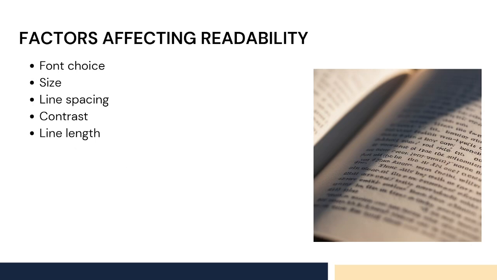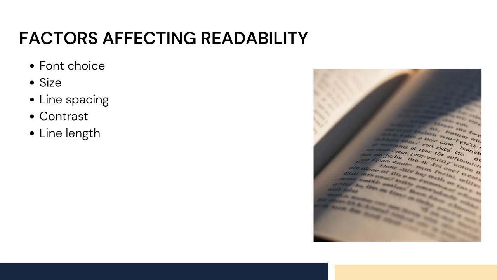And we have factors that affect readability. What factors will determine how easy it will be for people to read your typography in a piece of design? The first one here is font choice. The choice of font you use will determine how easy or how hard it will be for people to read your typography.